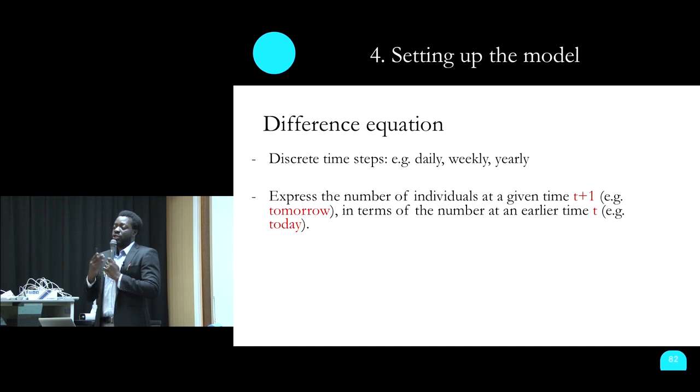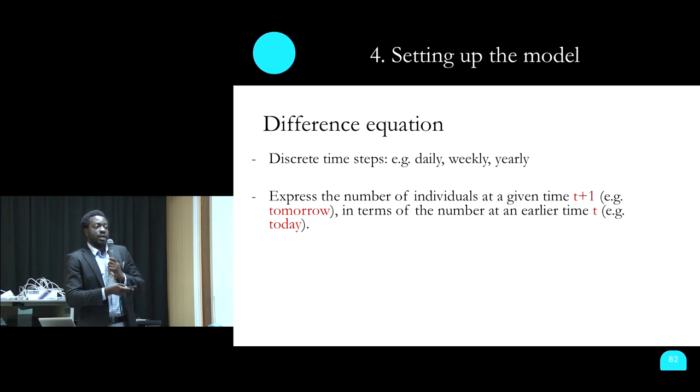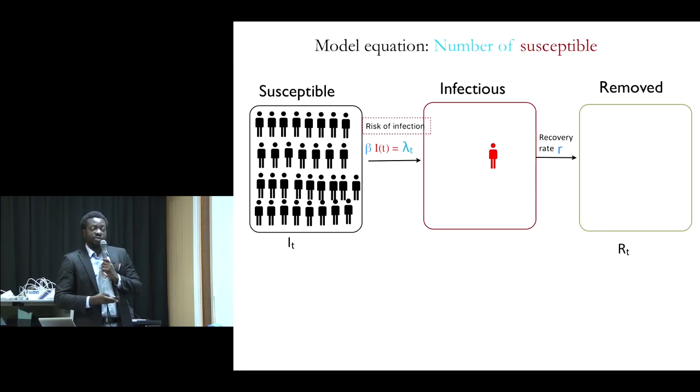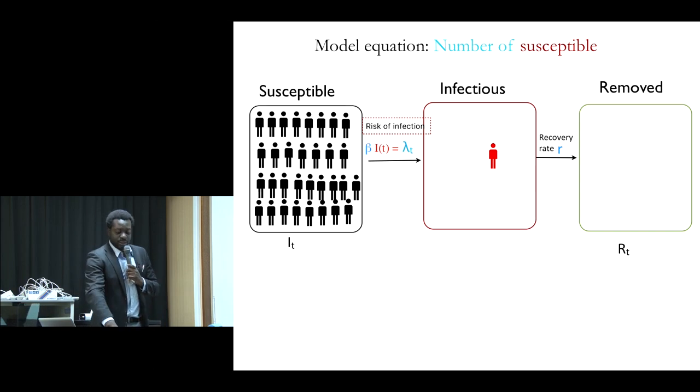So tomorrow can be predicted by the information we have today, and when you arrive tomorrow, you can use that day's information to predict the following day. So we're using the information at time t to predict the information at time t plus one by using difference equations. It's very simple to understand.